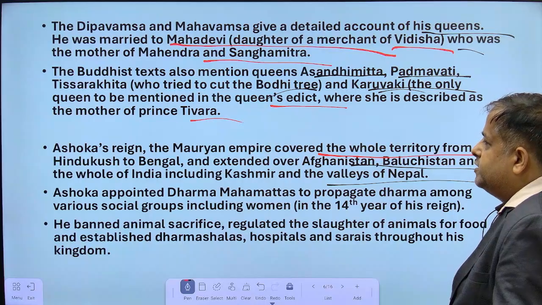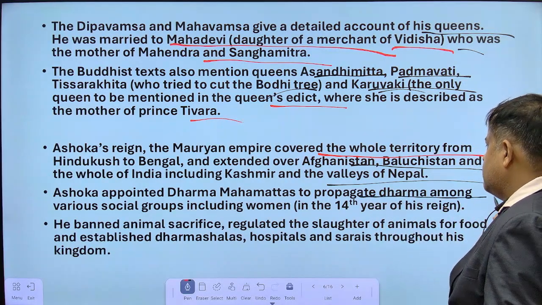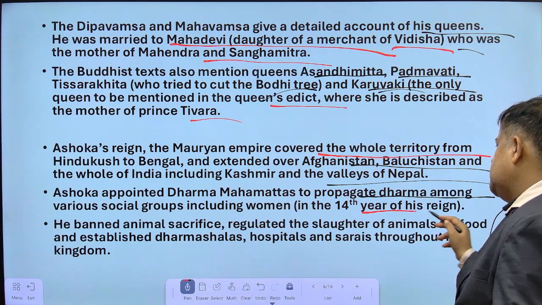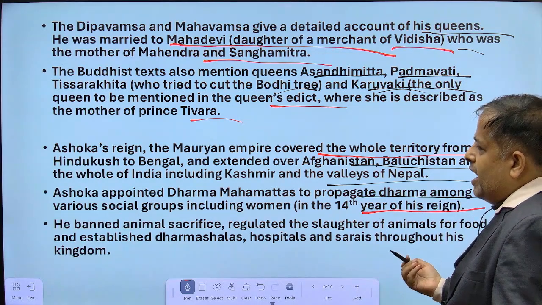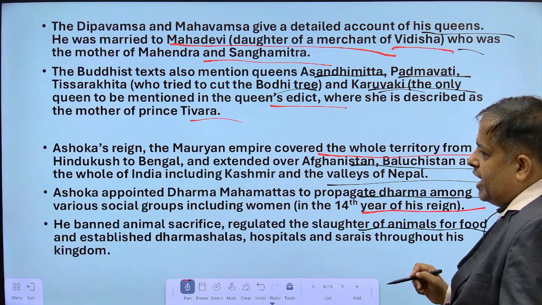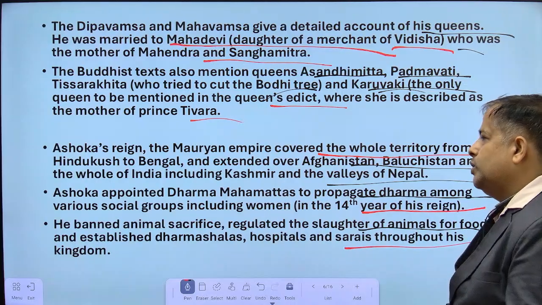So Ashoka appointed Dhamma Mahamatras. Focus on this one, to propagate the Dharma among the people, various social groups, including women. In the 14th year of his reign, he did it. He banned animal sacrifice, regulated the slaughter of animals for food, and established dharmshalas, hospitals, and sarais throughout his kingdom.